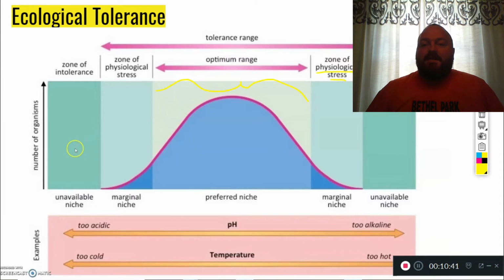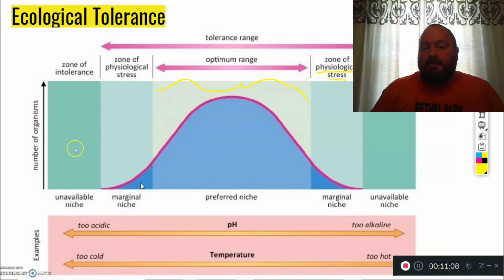So the physiologic stress leads to things like stopping reproducing, stopping growth, because now the body's putting so much energy into just surviving that it doesn't have any extra energy to still be able to do those other things. So if I look, I have a lot of different scales down here. It could be pH, it could be temperature, salinity, available dissolved oxygen, any of those different things. Every species is going to have an optimal range, and that's where you see the majority of the individuals surviving.